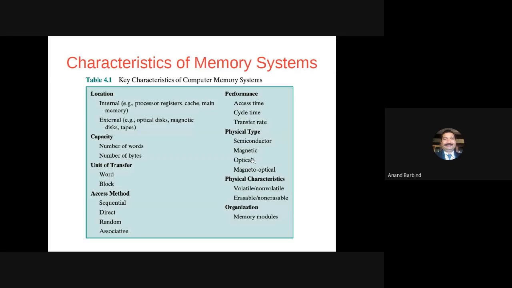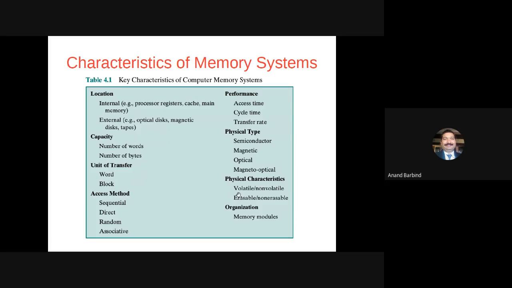It is stored usually on the surfaces, so making the surface reflective or non-reflective makes that particular disk store 0 and 1, and later on using LED or laser beams, the data is read or written from those optical discs. Then magneto-optical, the combination of this also can be used for storing the data. So depending on the physical type, you can characterize the memory.